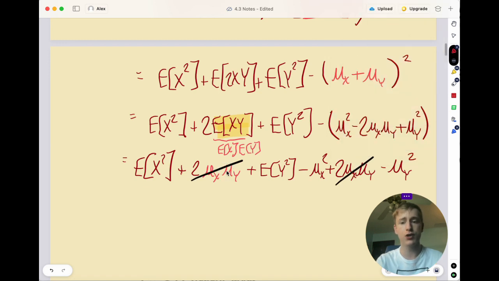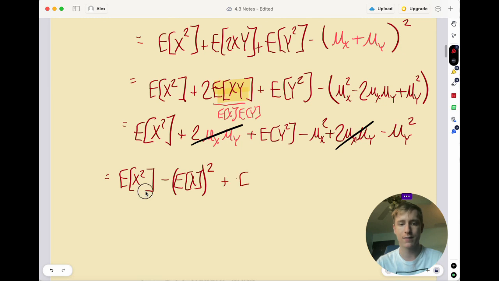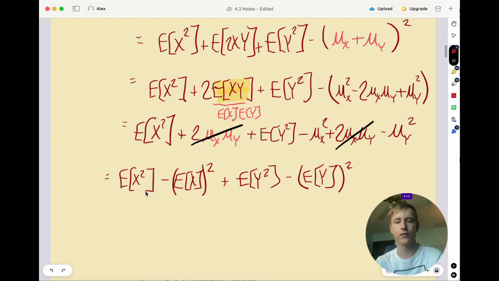And now rearranging, I'm going to get that this is going to equal the expected value of x squared minus mu sub x squared, plus the expected value of y squared minus the expected value of y all squared, because that's what this is.